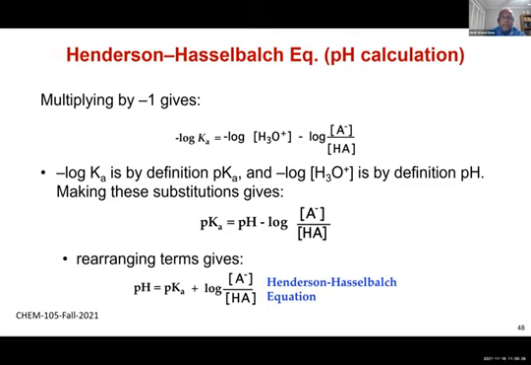The Henderson-Hasselbalch equation is pH is equal to pKa plus log of the concentration of conjugate base divided by weak acid. So we can calculate the pH of a solution knowing the concentration of the conjugate base A minus or the weak acid HA using this equation.